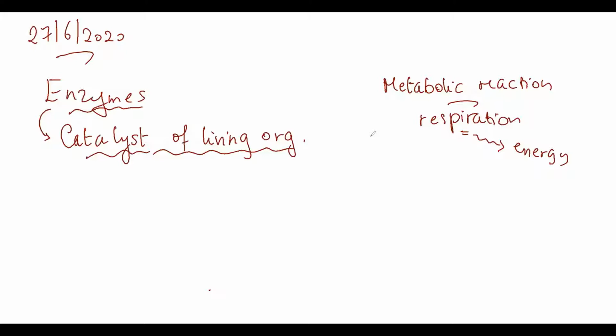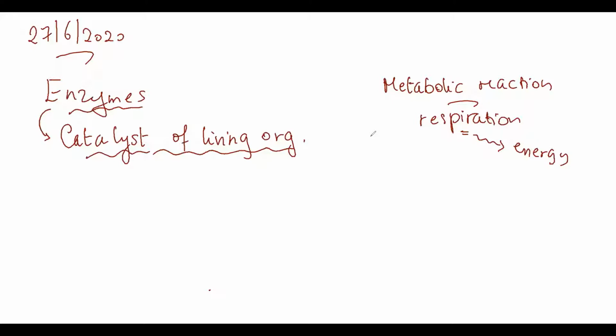Okay, here I am saying that cells have metabolic reactions, and the most important of them is respiration. So if the cell waited for all the respiration reactions to happen in order to produce energy, we are going to wait for a very long time.